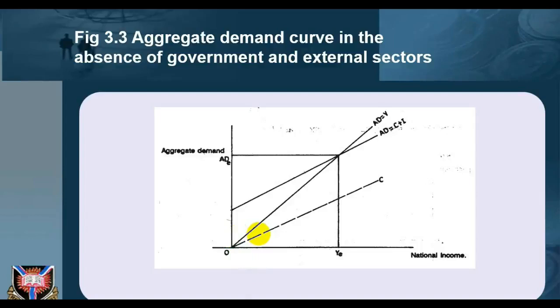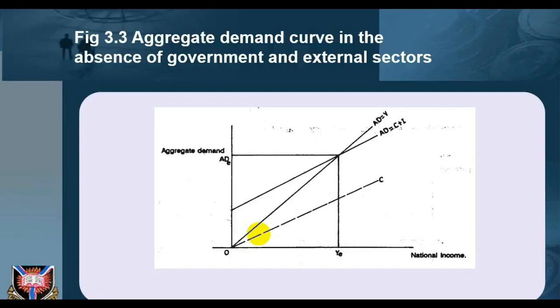B. Investment demand. This consists of firms' desired or planned additions to their physical capital, that is factories and machines, and to their inventories. Inventories are goods being held for future production or sale. Aggregate demand can be illustrated by the following diagram.